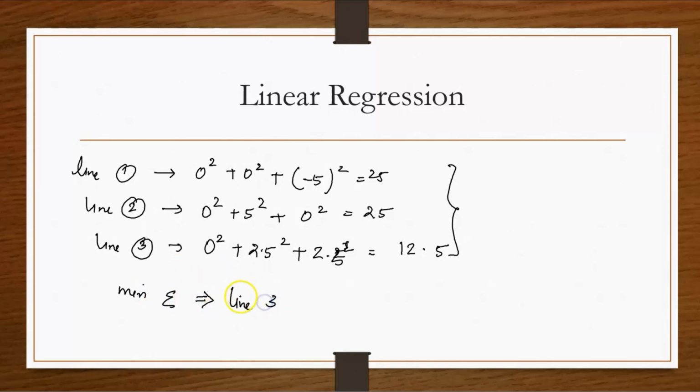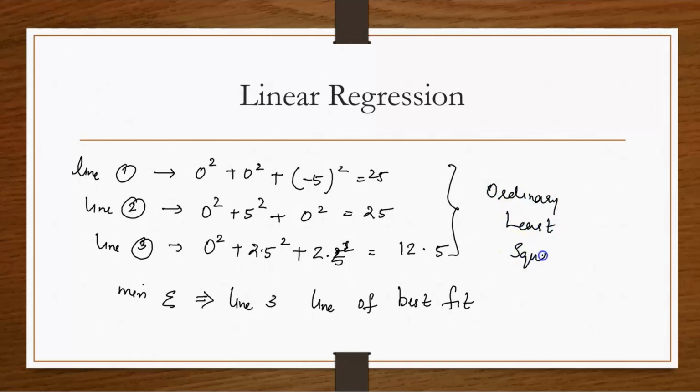The error is minimum if we choose line 3 as the line of best fit. So by minimizing the error, we take line 3 as the line of best fit, and this algorithm is known as the ordinary least squares algorithm.